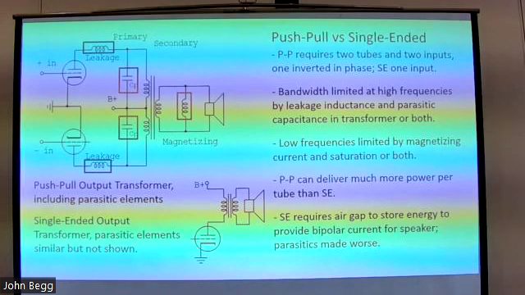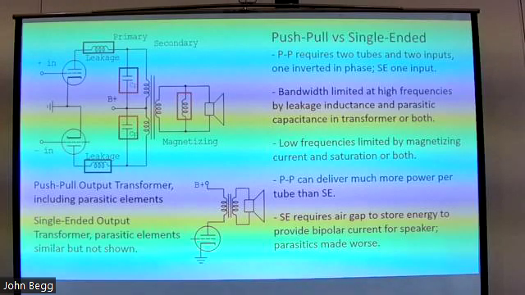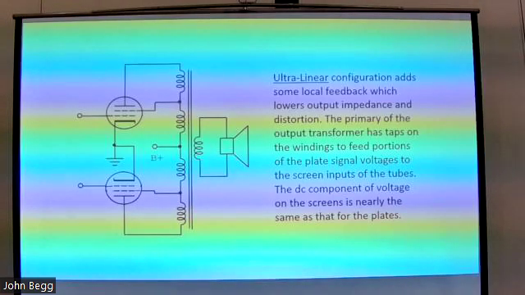So if you try to model this transformer to use negative feedback or any of these things where you want a more ideal circuit, this really screws you up. And this is why with transformer coupled amplifiers, you can't apply much negative feedback before they go bonkers. So it's these elements, the parasitics, that limit how much feedback you can do. I'll talk a little bit more about that later.